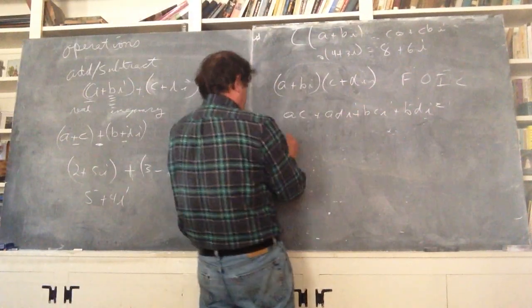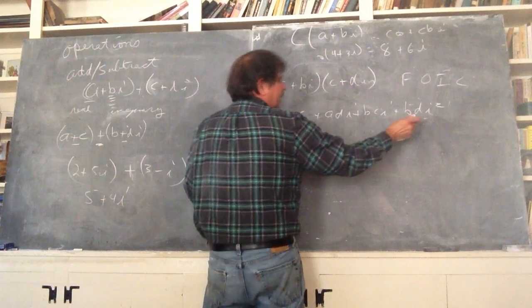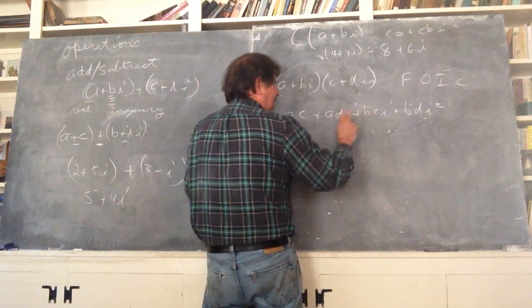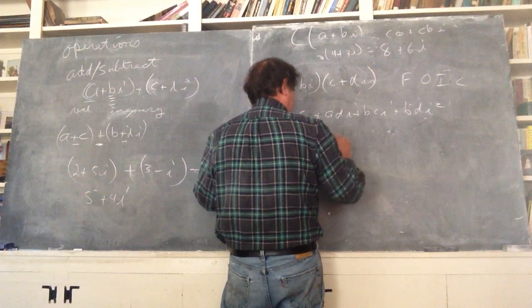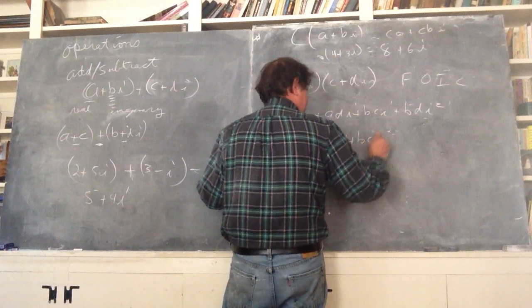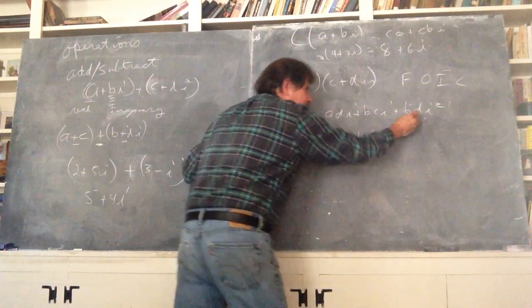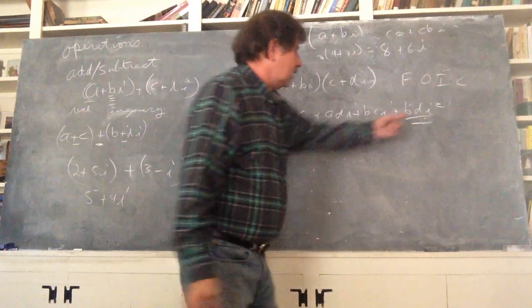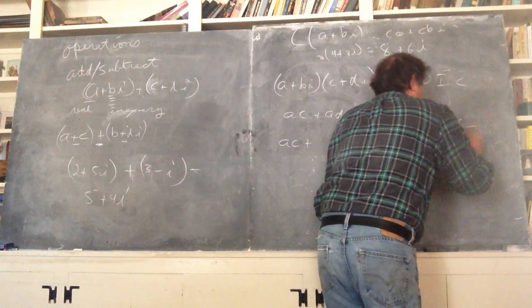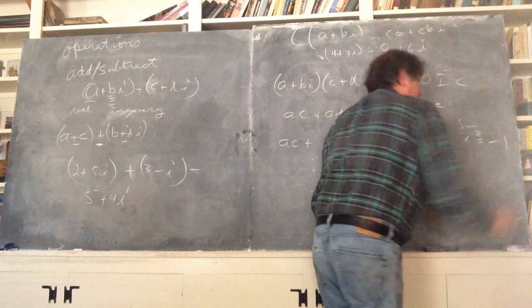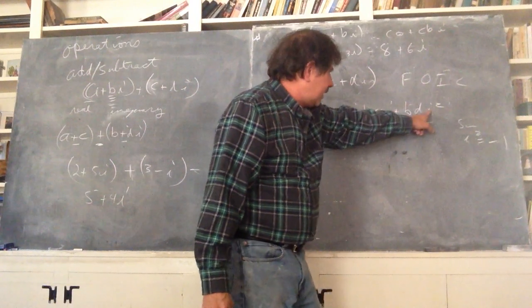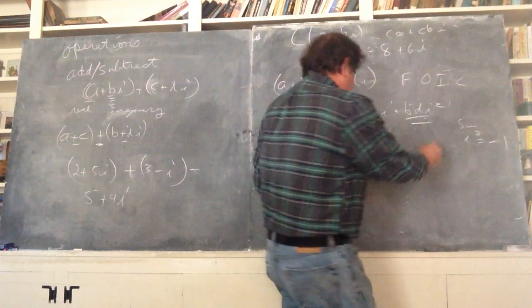Let's do this: ac plus, I'll add these two, ad plus bc times i. But now, since i squared is negative 1, this is a minus bd.